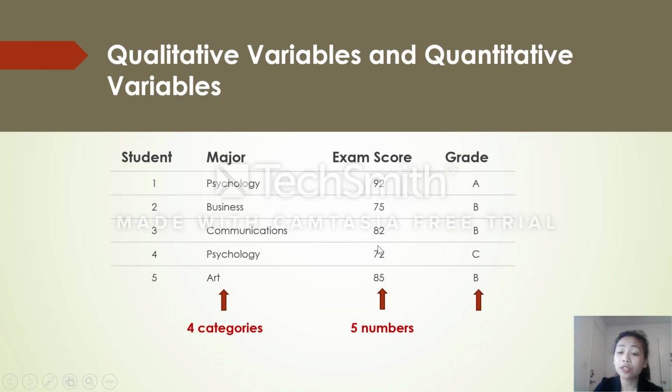And the last information is represented in 3 categories. So categorical variables or qualitative variables are basically variables whose values are represented in categories. And quantitative variables are basically variables whose values are represented in numbers.